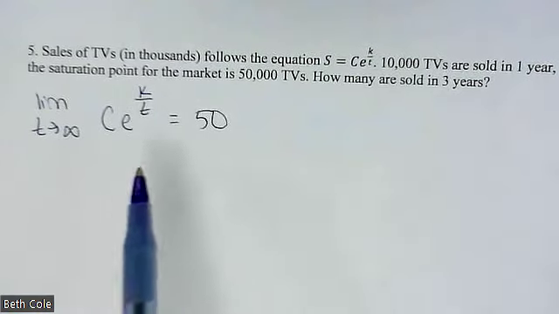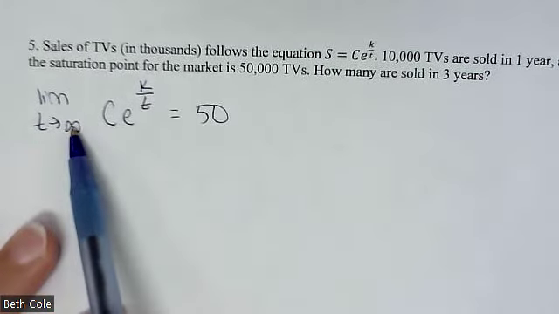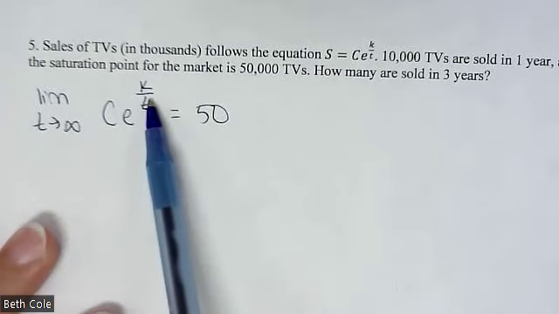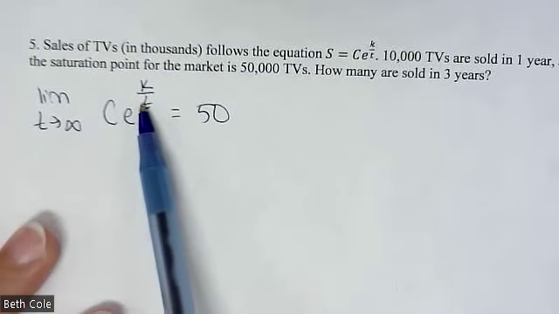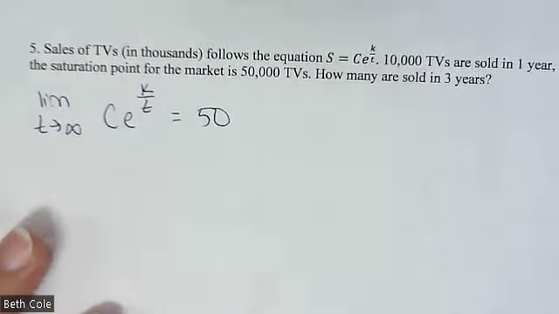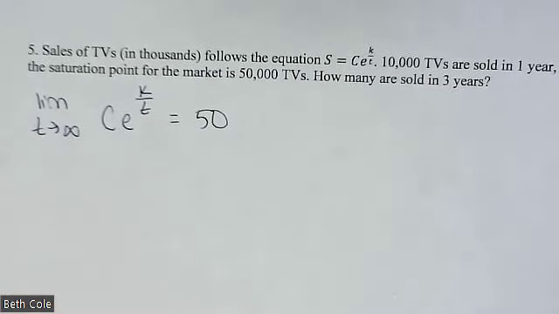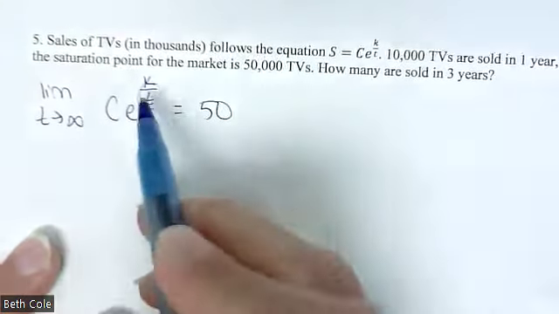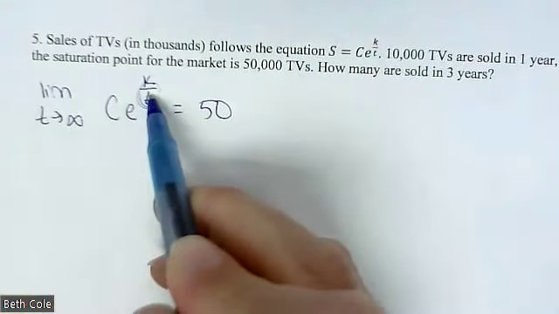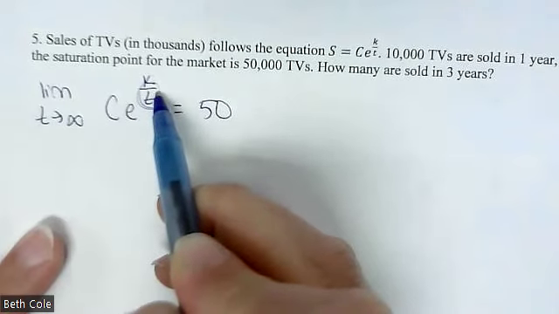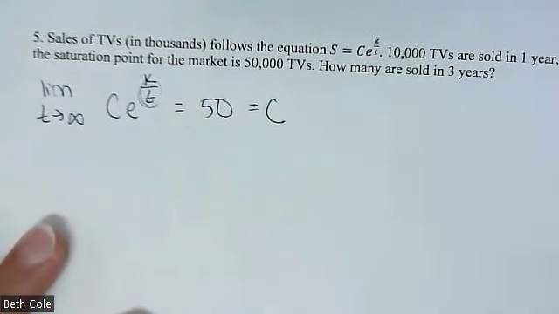If time gets bigger and bigger, remember this from unit 1: if the denominator gets astronomically large, you end up with something like 1/1,000,000th, which is like 0. So this part goes to 0. e to the 0 is 1, times c is just c. So c is 50. You saturate the market at 50.